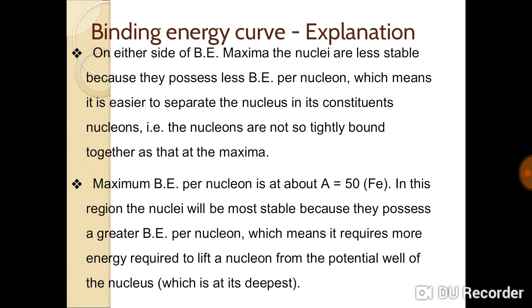Maximum binding energy per nucleon is at about A equal to 50. In this region, the nuclei will be more stable because they possess a greater binding energy per nucleon, which means it requires more energy to lift a nucleon from the potential well of the nucleus.